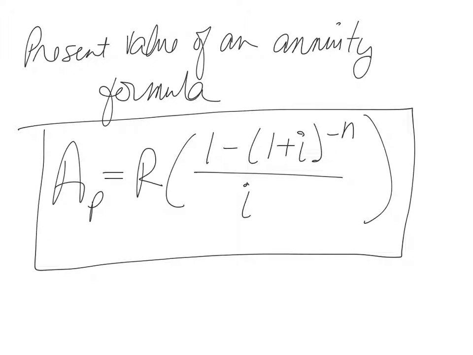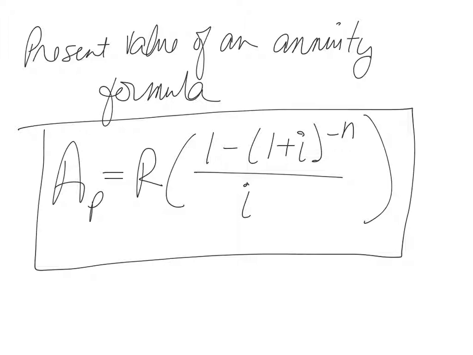In the exercises, we took two equations and solved for R. That's what we did in the example. But it's much more common in finance to solve for A sub P. So this formula is much more useful in finance.